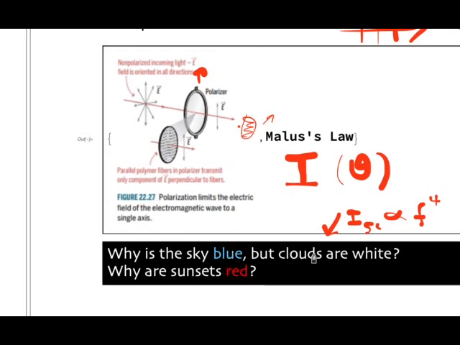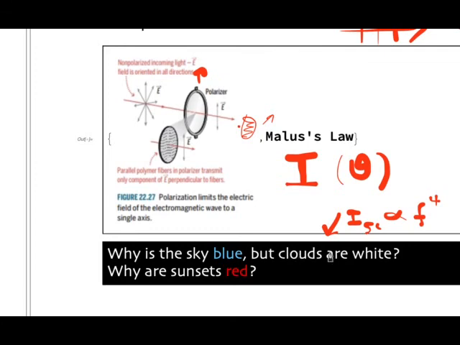As opposed to clouds. Clouds are white. I'm not talking about dense clouds like on a rainy day. I'm talking about those big puffy clouds where sunlight scatters from the clouds. Sunlight is white. Clouds are not made of molecules.